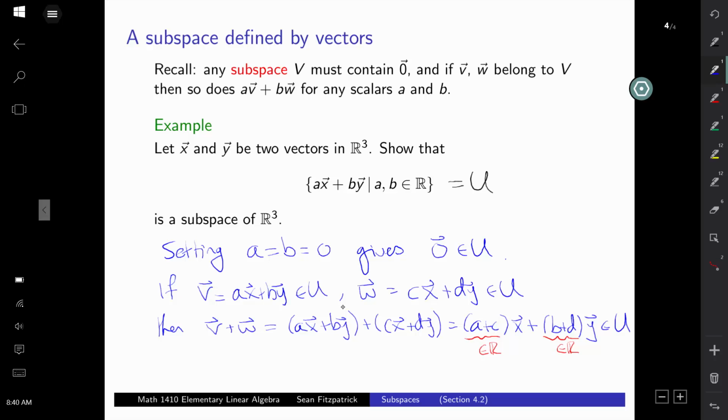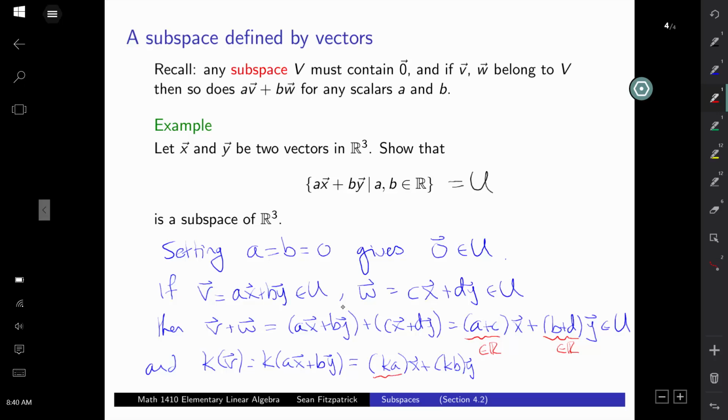And finally, we can also notice that if I do say k times v, that's k times ax plus by. And if I distribute the scalar multiplication and group things together, I can write that as ka times x and kb times y.